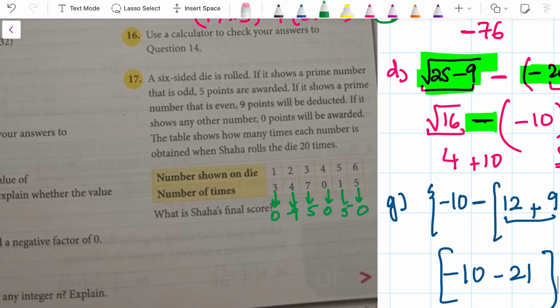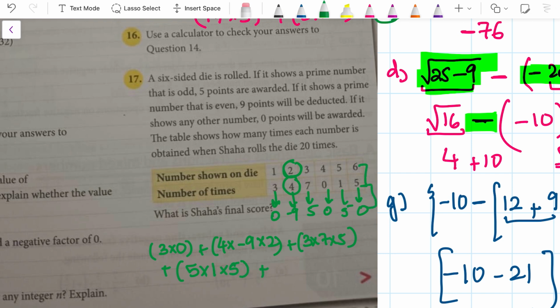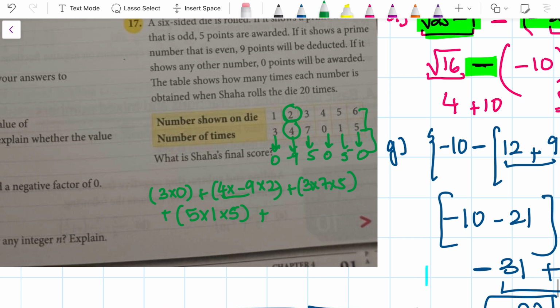How many times each number is obtained when Shaha rolls the die? 20 times. 3 into 0. 4 into minus 9. 4 into minus 9 into 2, because 4 times you get 2. So whatever 2 is, 2 has to be multiplied by minus 9 4 times. 3 into 7 into 5. 5 into 1 into 5. I'm not multiplying this because with a 0 it becomes a 0. Minus 36 into 2 is a minus 72.